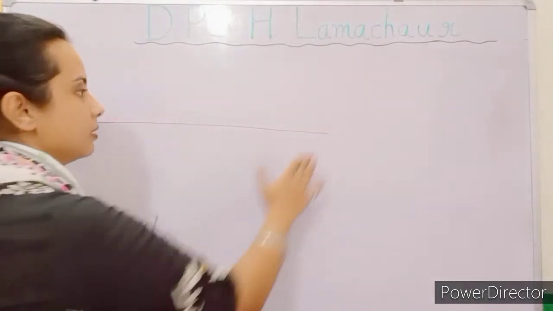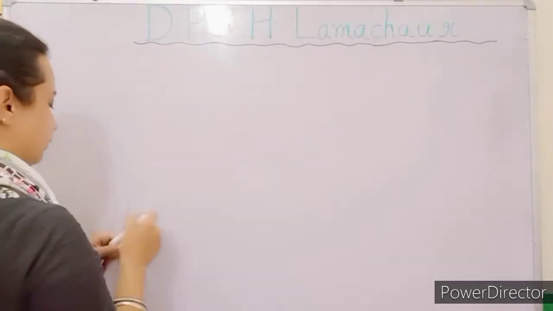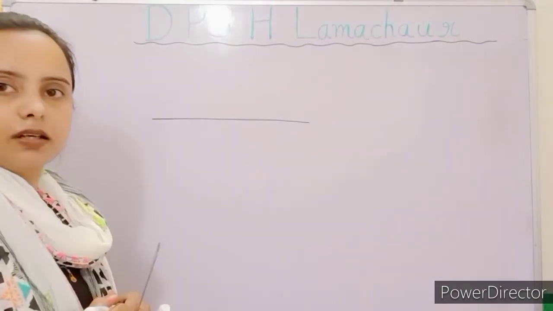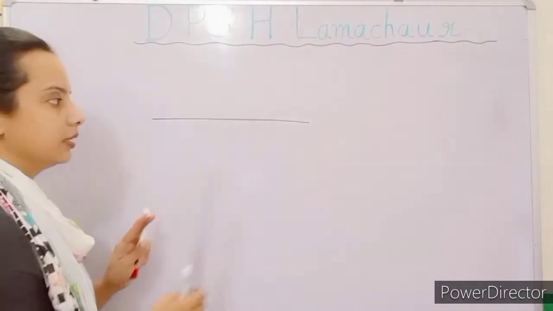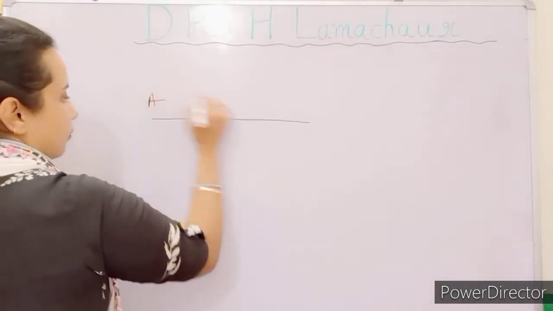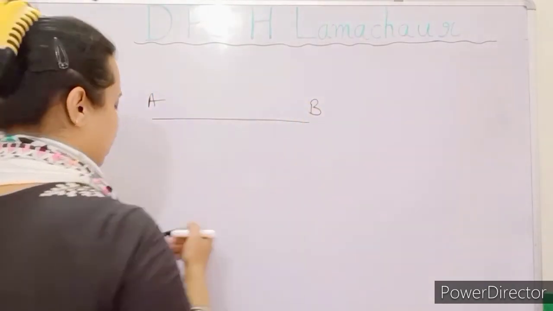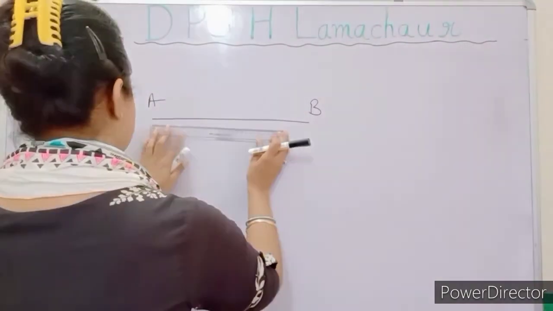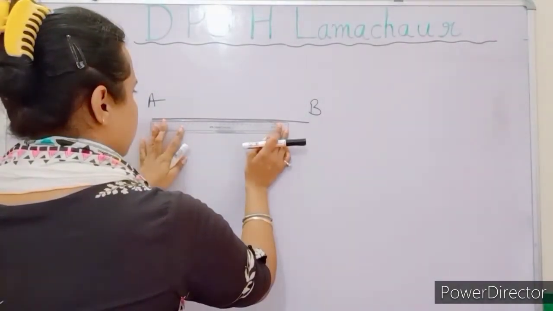Okay, this is not visible, so I will make it with black. So this is an example, this is a line, and this is A point and this is a B point. Okay, now you have to take the measurement of this scale. So how you will take the measurement?